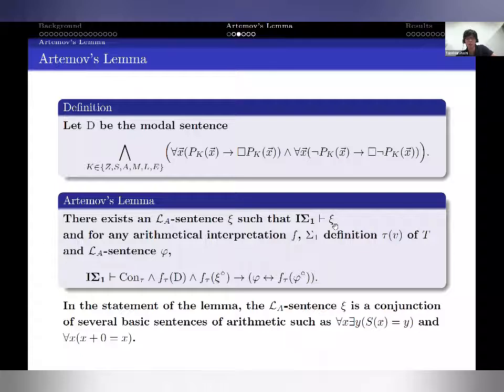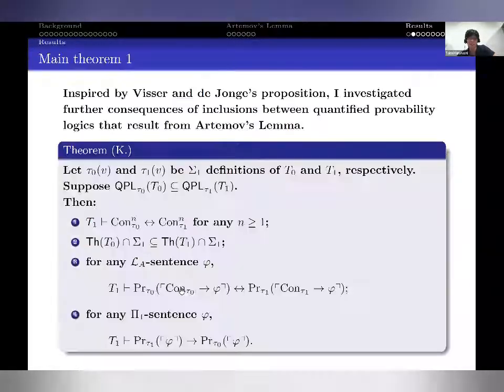Here ξ is a theorem of IΣ1, and so we can add sufficiently many theorems of IΣ1 to ξ as a conjunct.